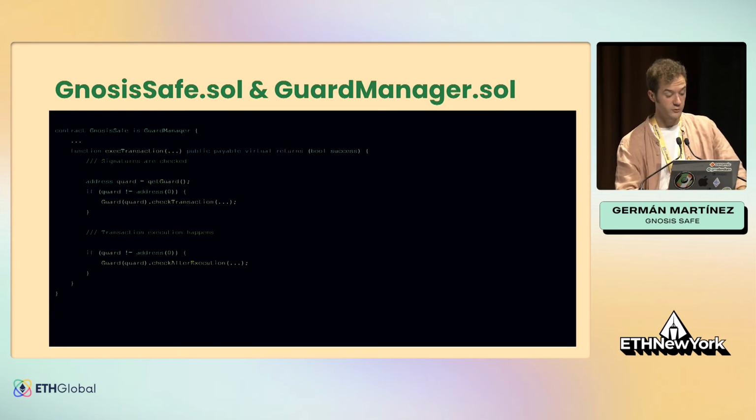We check if that guard is different than the address 0, meaning that we indeed are using a guard. If that is correct and we are using it, then we will call the method check transaction. Then the transaction will happen, and after it, there will be another call to the guard, calling the method check after execution. If one of these methods reverts, everything will revert.